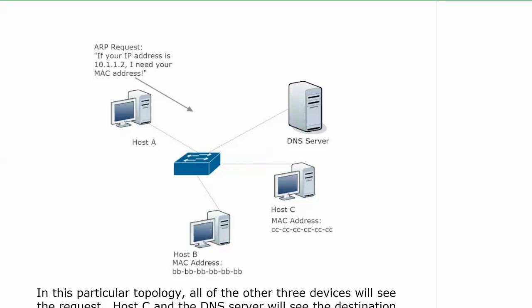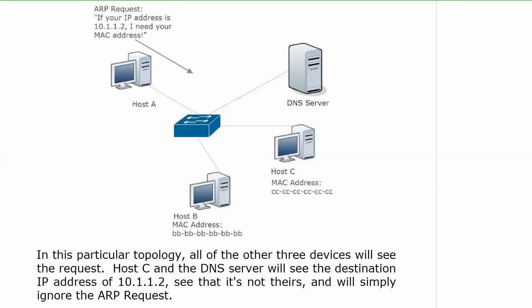And here's our scenario, and I'll go over those again very quickly. Host A is sending the request, and that is a layer 2 broadcast, so it's going to the all F's address. And what the ARP request is, basically it's yelling, it's a broadcast. It's saying, hey, if your IP address is 10.112, I need your MAC address.